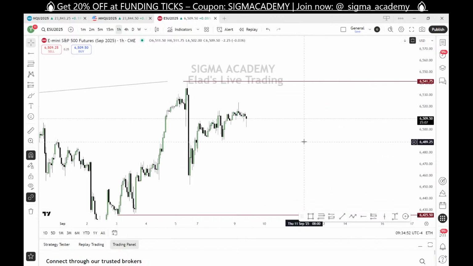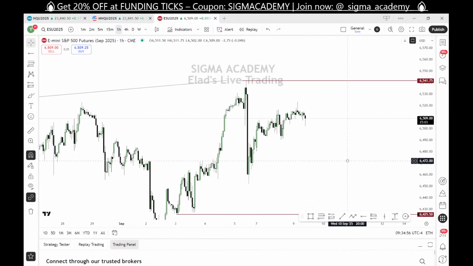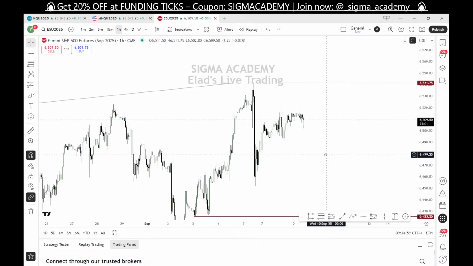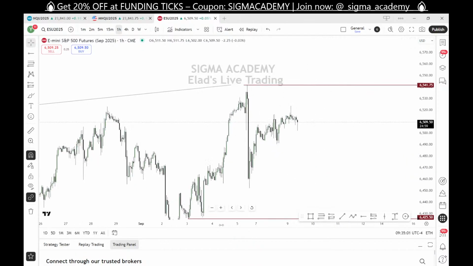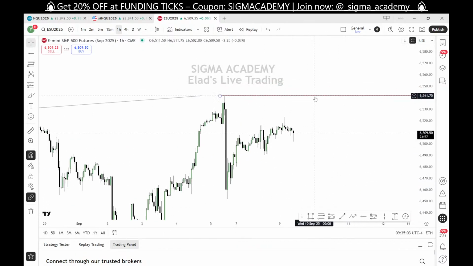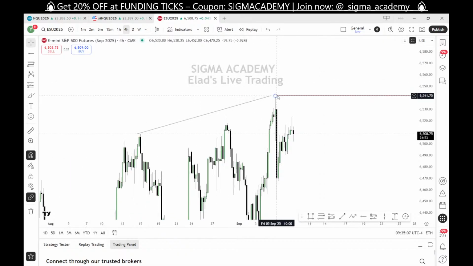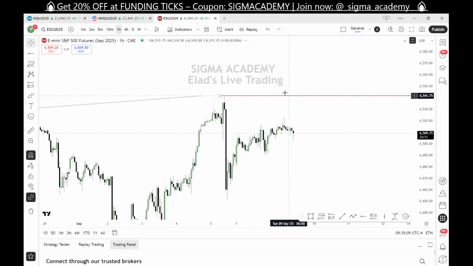Is there any liquidity or fair value gap that I need to pay attention to? I remind you, this is the all-time high of the ES, as you can see. I prefer to take shorts right here.